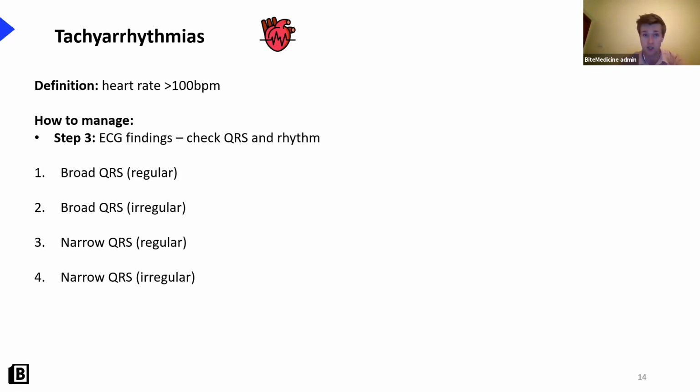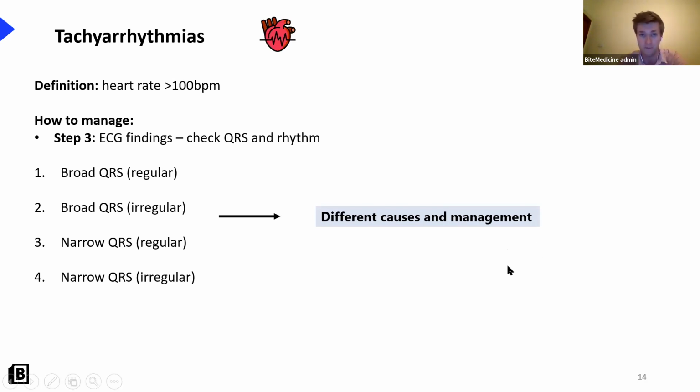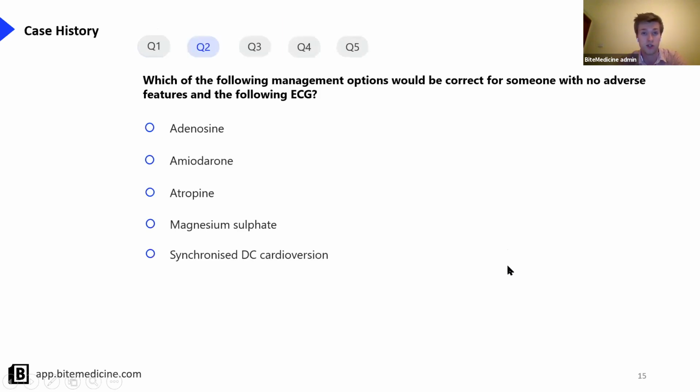A regular broad QRS, an irregular broad QRS, a regular narrow QRS, and an irregular narrow QRS. They all have different causes, and they all have different managements. That roughly is what we're talking about for today. So we're going to go through each one in turn and show you how they differ to one another and what we need to be doing for each, okay?